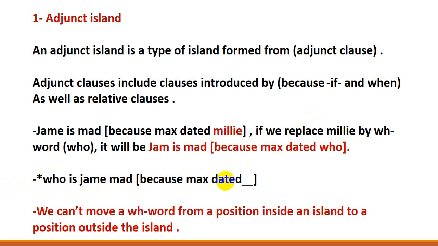This is ungrammatical, it makes no sense. So the result is we cannot move a WH word from a position inside an island to outside the island. So no movement from an adjunct island. This is the first type.